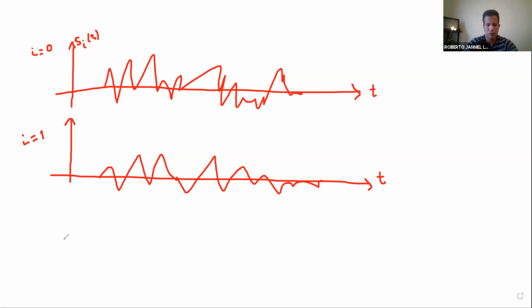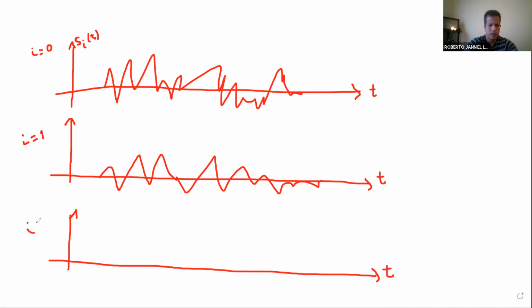You get something else. And you transmit a third time, so you will have this as a function of time, and this would be for I equal to 2. And again, you get some gibberish.